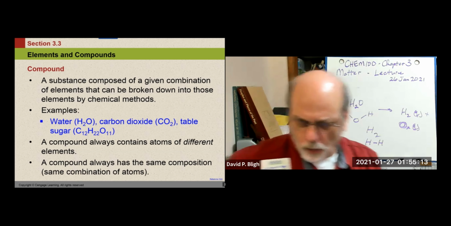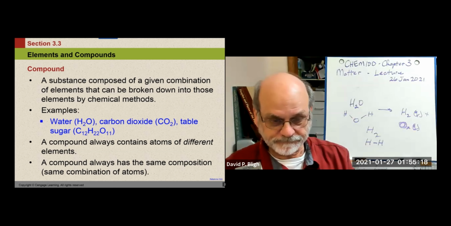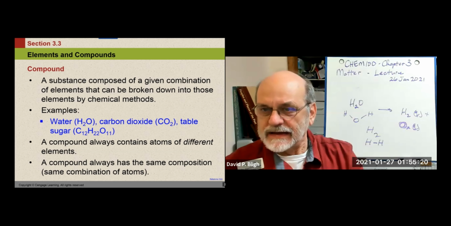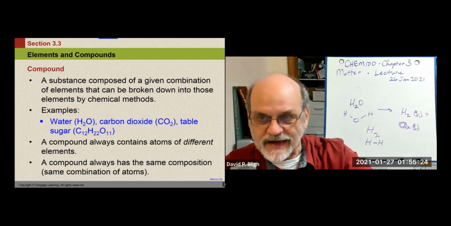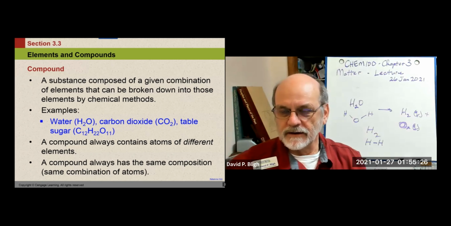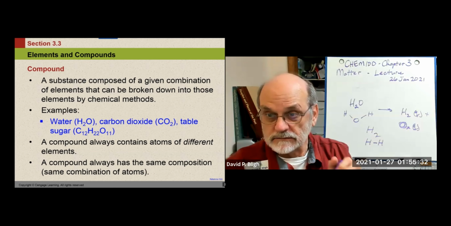Now, once we've established the identity of a compound, then it doesn't matter the source of the compound, how you get to that point. Whether it's by combustion, where you break something apart and you end up with a compound like water. Right?